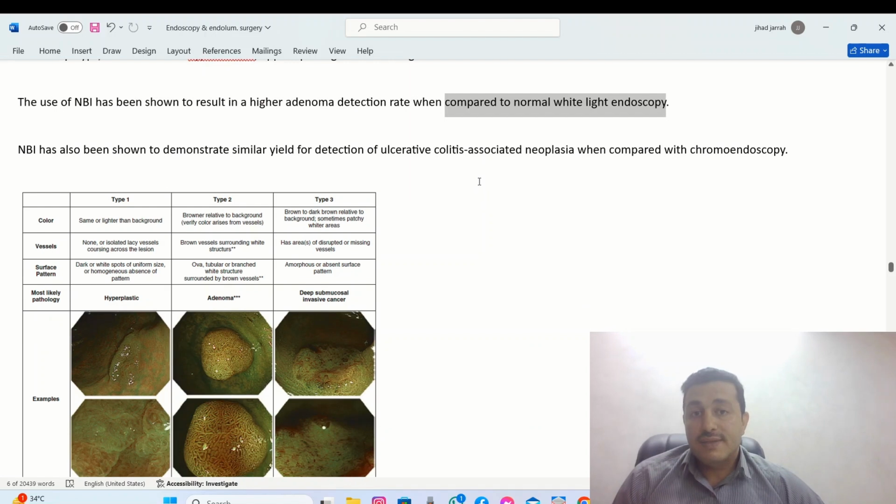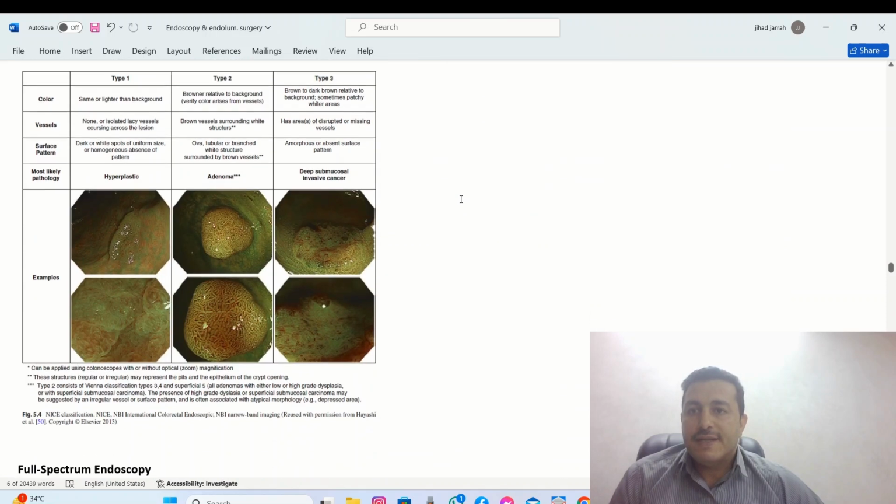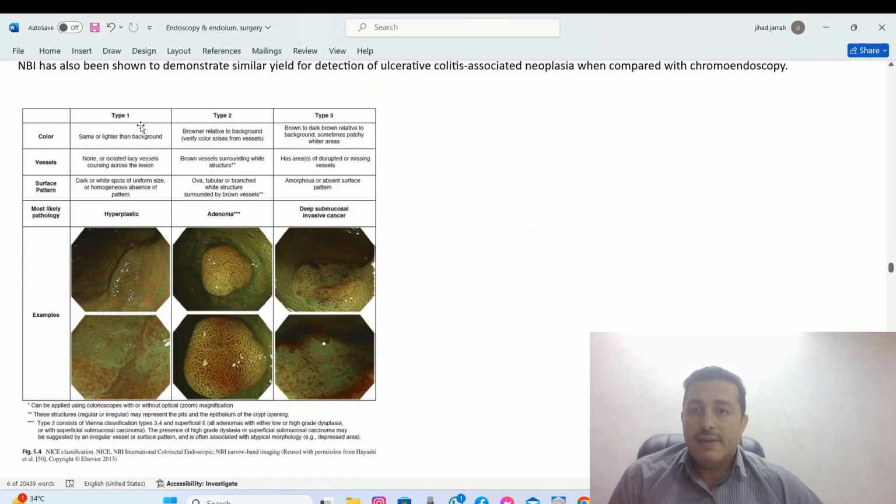If we want to talk about inflammatory bowel disease, chromoendoscopy and narrowband imaging have the same effect. You can see here, this is the narrowband imaging. They classify it into 3 types according to how they look after narrowband. Type 1 is the hyperplastic, and you can see that the hyperplastic is green and blue compared to the background, so there is no difference.